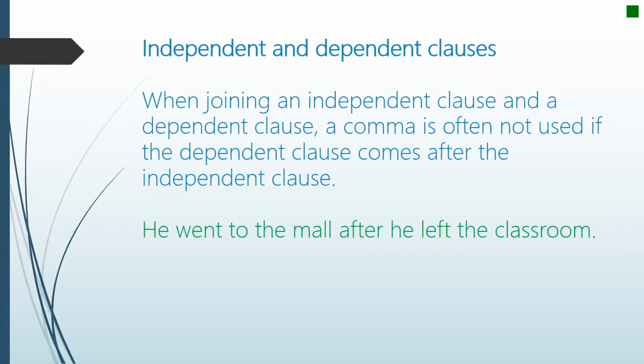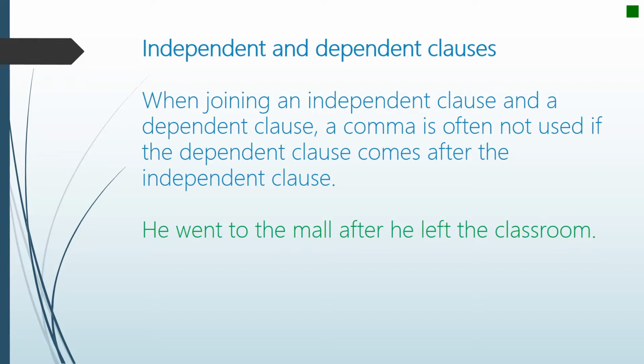When joining an independent clause, remember that's like a complete sentence, and a dependent clause, a comma is often not used if the dependent clause comes after the independent clause. For example, he went to the mall after he left the classroom. So the dependent clause after he left the classroom follows the complete sentence, he went to the mall.